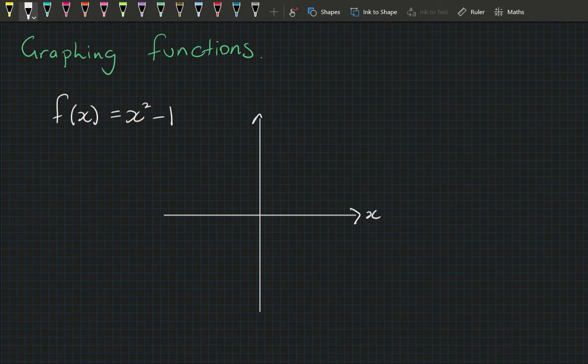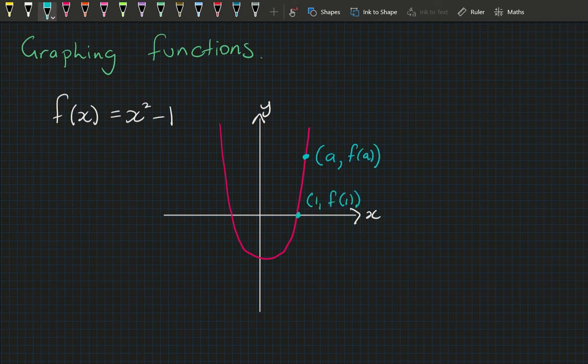And of course, this is our y-axis, and that parabola looks something like this, doesn't it? Whatever point we see on this graph now, it's going to have an x value of, say, a, and its y value is f of a. So I know when x is 1, f of x equals 0 there. But I can still express it as f of 1, okay? And the way to look at these graphs, of course, is that y equals f of x.